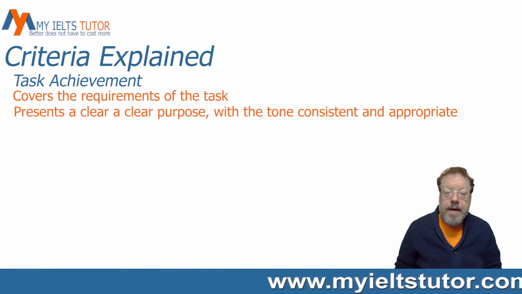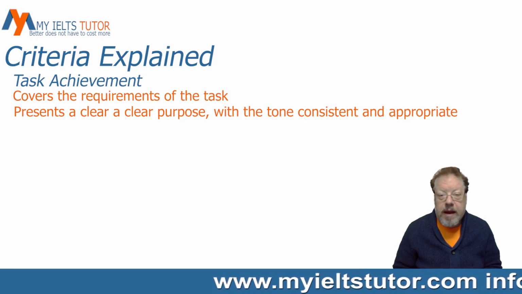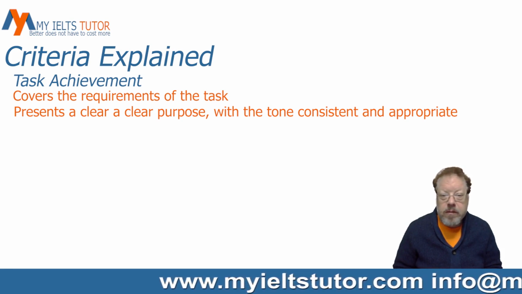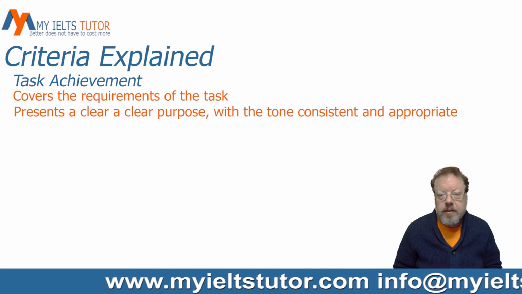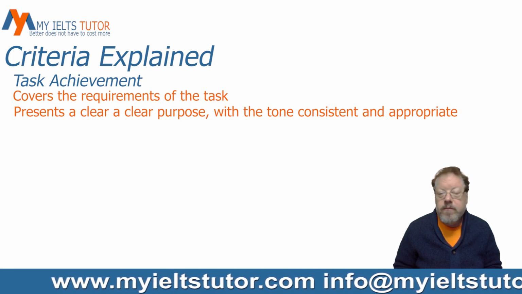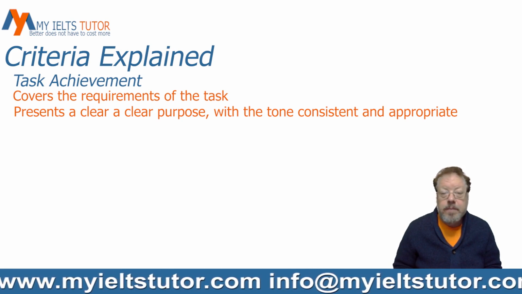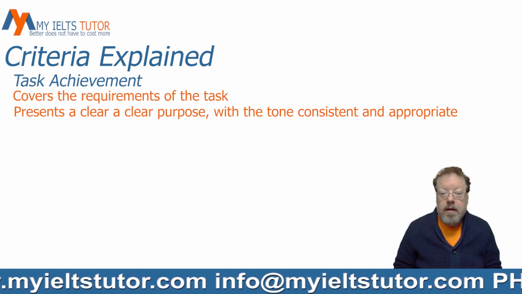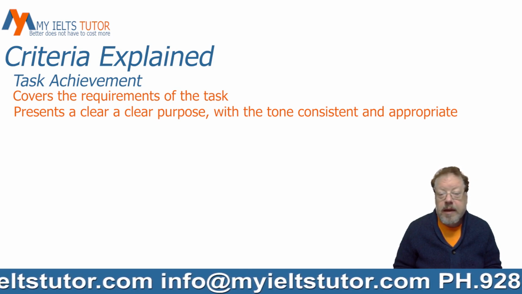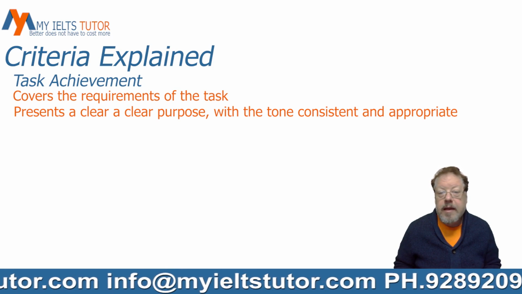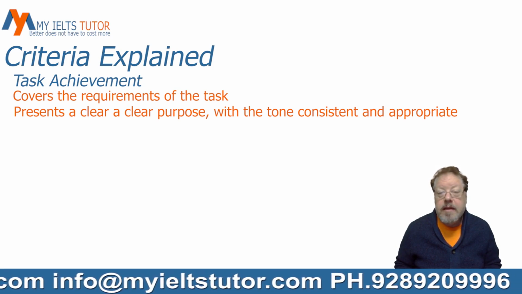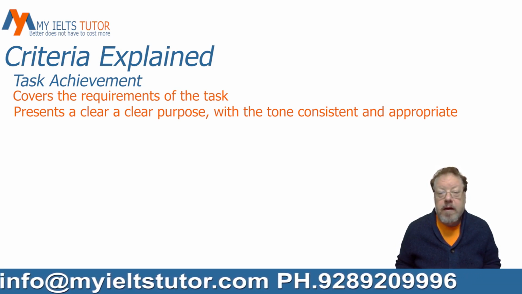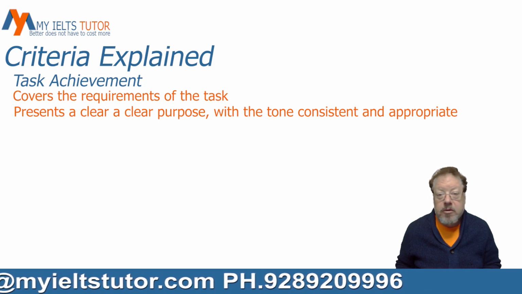So you're going to match the tone correctly, and you're going to be appropriate with the tone in terms of the purpose as well. You're going to very clearly state what the tone is. In our sample letter, it's going to be something like, I'm writing this letter because I want to ask you to help in finding a part-time job.